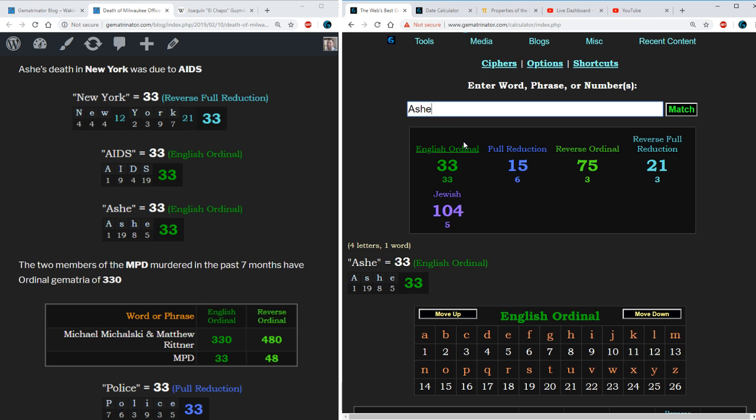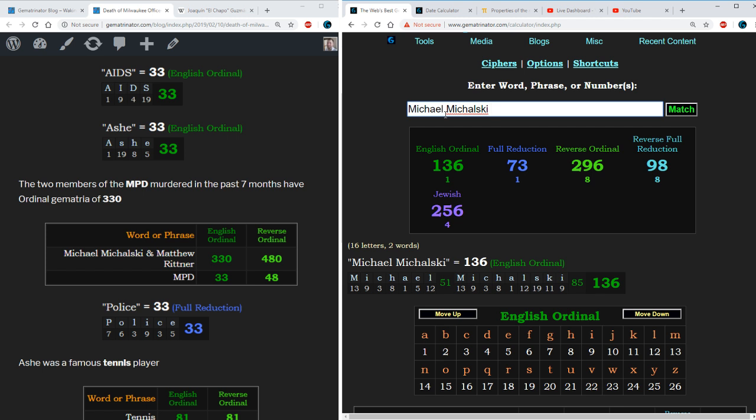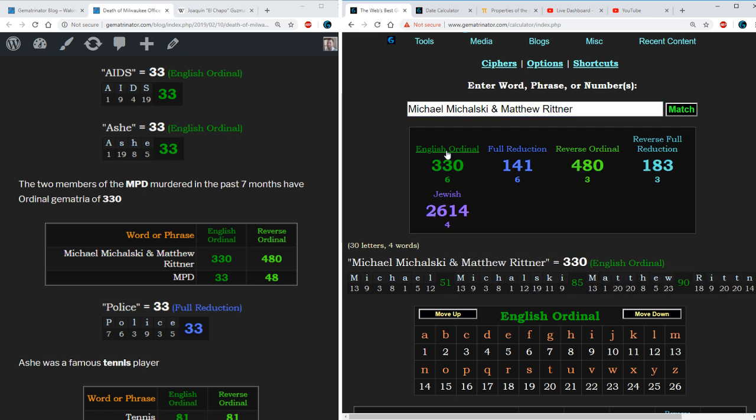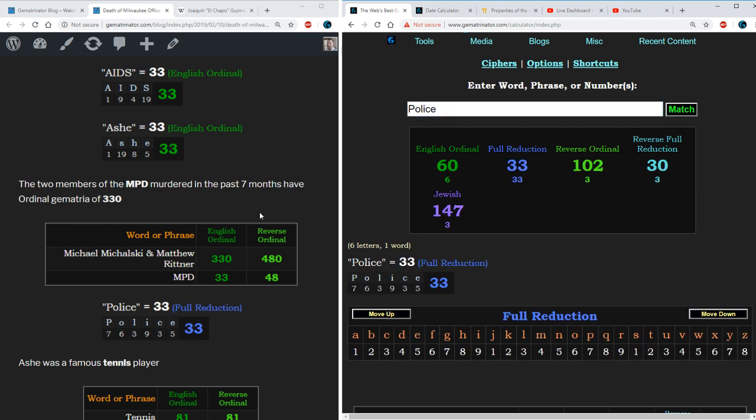The name Ashe equals 33 in reduction. And then 26 years later, we got a ritual related to the MPD, Milwaukee Police Department, which equals 33. And the names of those two officers, Michael Michalski and Matthew Rittner, sums to 330 in the alphabetic order. Both of these men were police officers. Police equals 33.